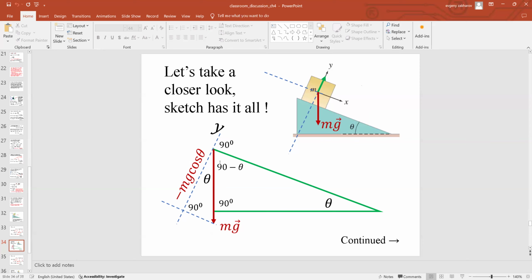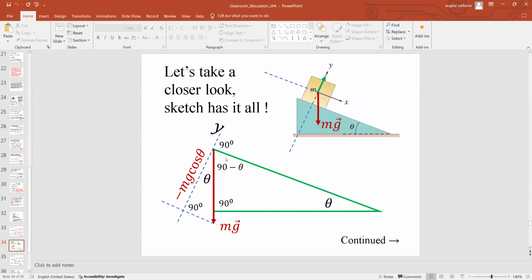Well, if this is 30, then the other one should be 60, because the sum total for all angles is 180 degrees, and 90 plus 30 plus 60, that's what's going to give you 180. So this is 90 minus theta. If theta is 30, 90 minus 30 is 60.